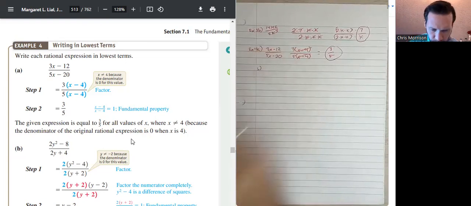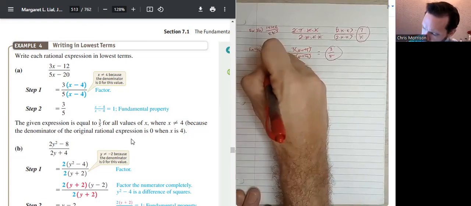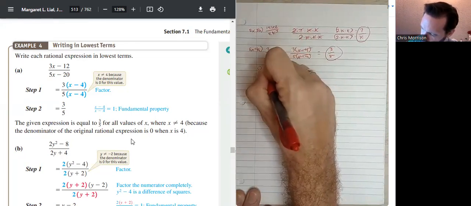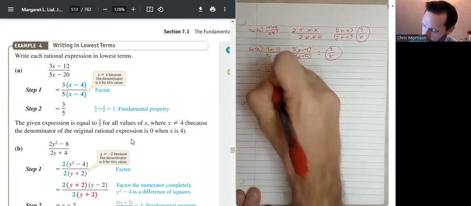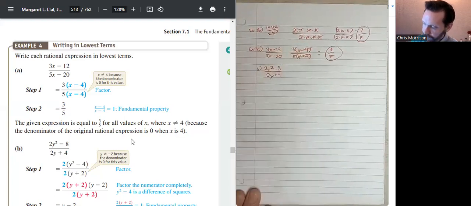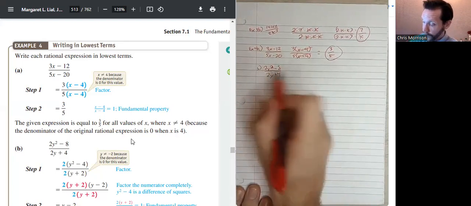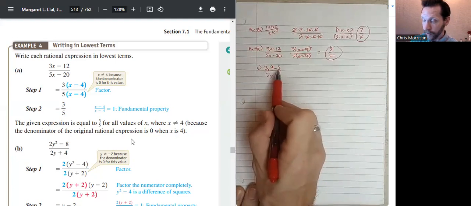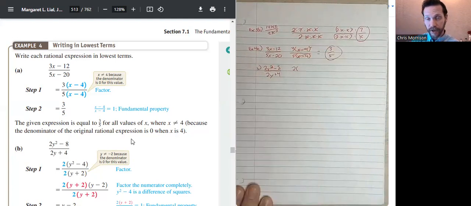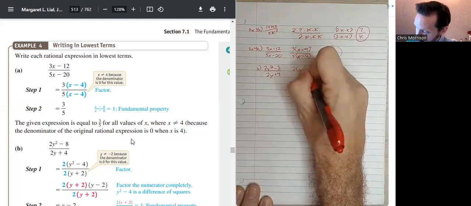Let's do example B, 2y squared minus 8 over 2y plus 4. Please make sure you get your signs right. You're going to see they're important in just a moment. First thing I can do is factor out the 2 from both of them, actually. Because 2y squared and 8 can factor the 2 out. So 2, divide 2y squared by 2, I get y squared.